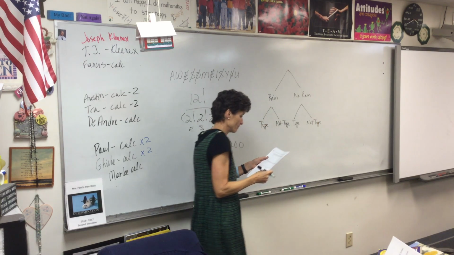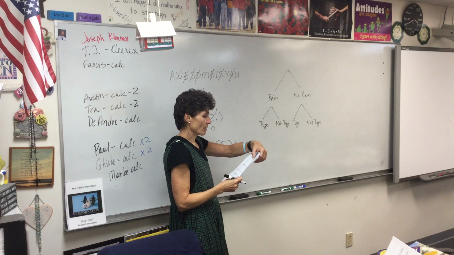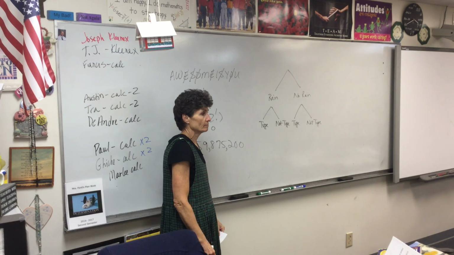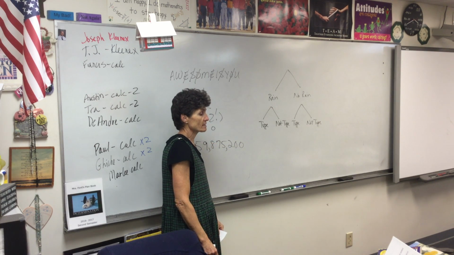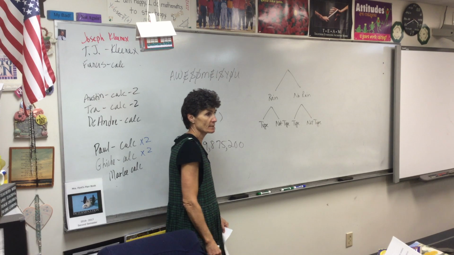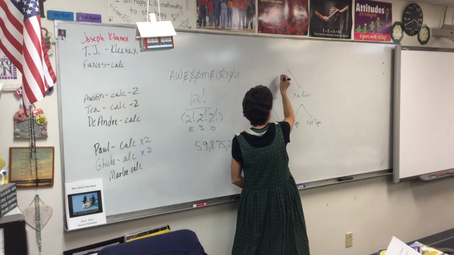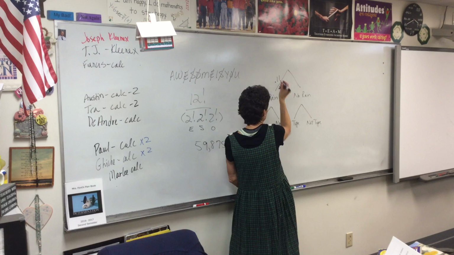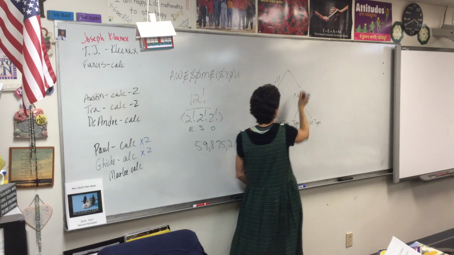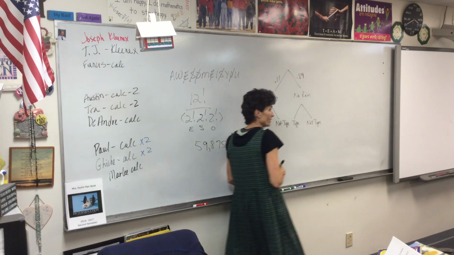All right, so here we go. The chance of rain is 11%. That goes right here, and 0.11 goes right there. 0.89 goes right here.